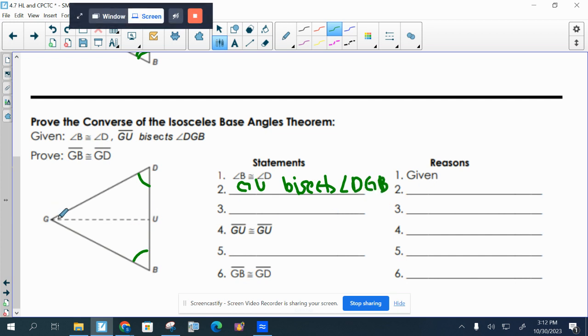And we can draw this angle bisector in any way we want. We don't necessarily know anything about it down here, but we're just saying, okay, you've got this line here and it's going to bisect angle G. So that's fine. You can do that. There's nothing special about it. We're going to use that idea for the proof.